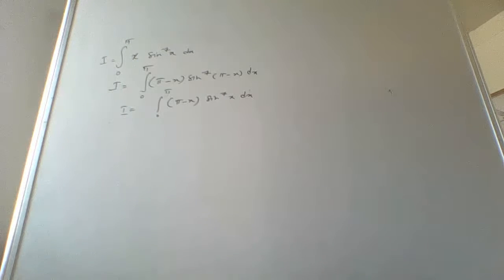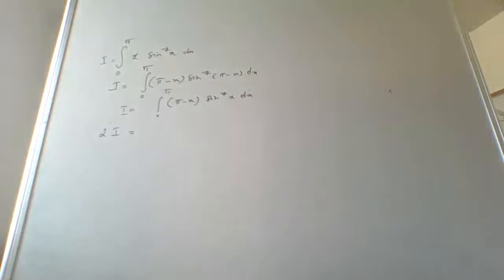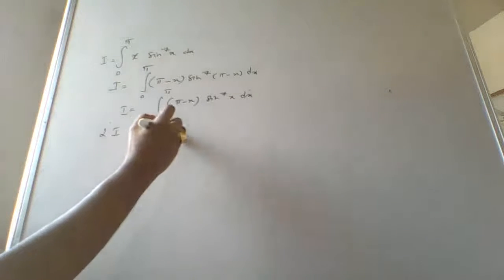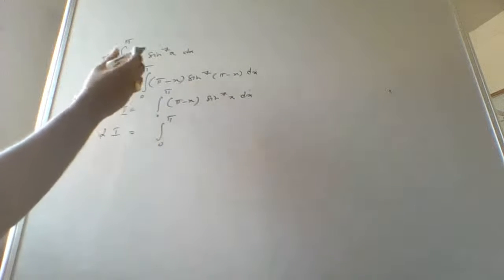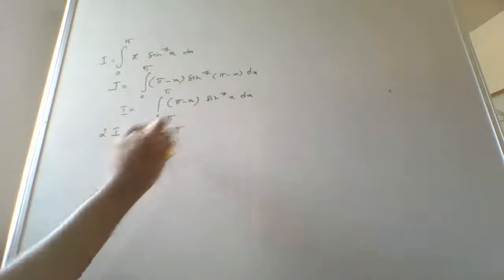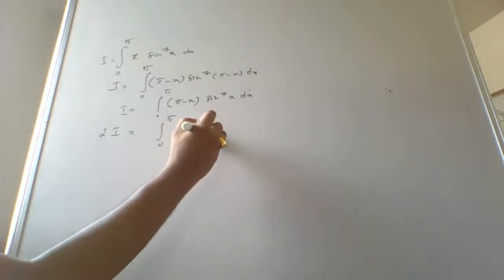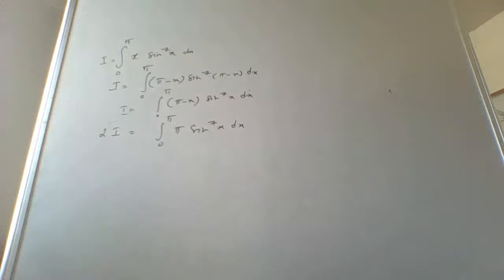Let us combine these two things. Now if I combine these two, I get 2I equal to the integral from 0 to pi. The other term gets cancelled, so I get pi of sine 7x dx.